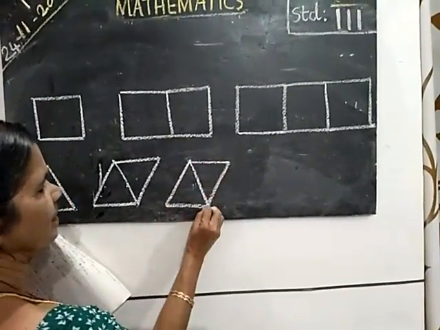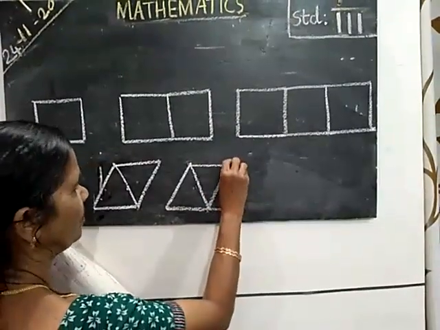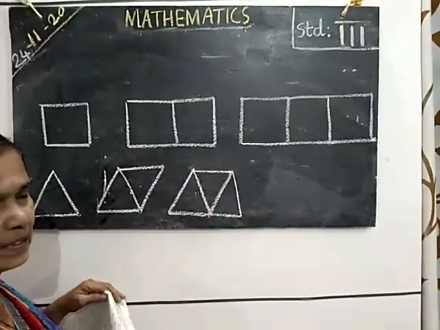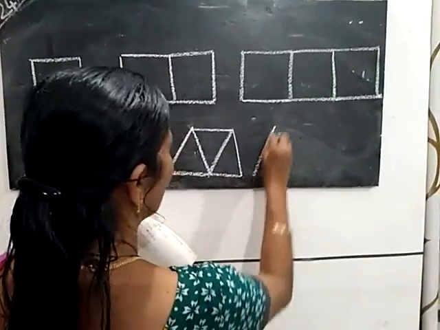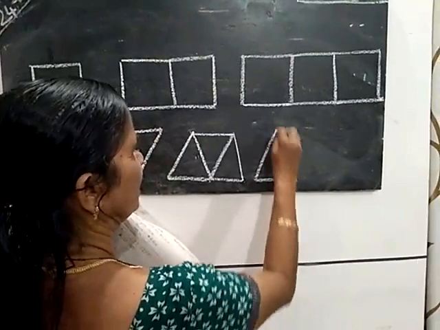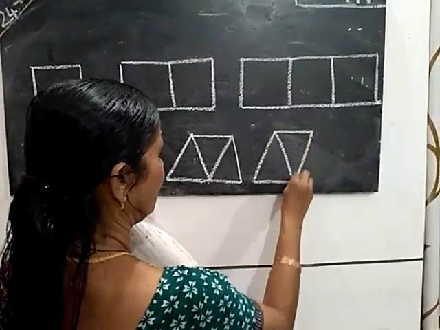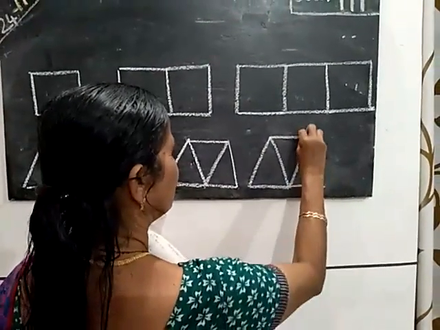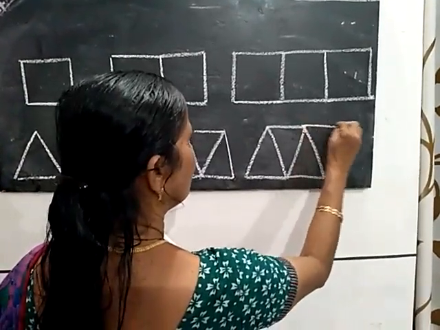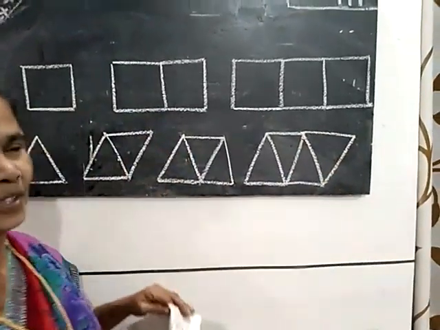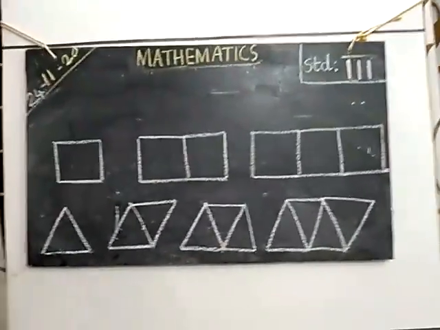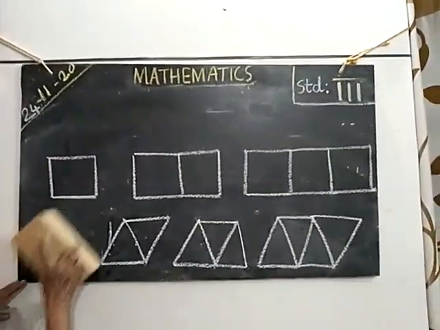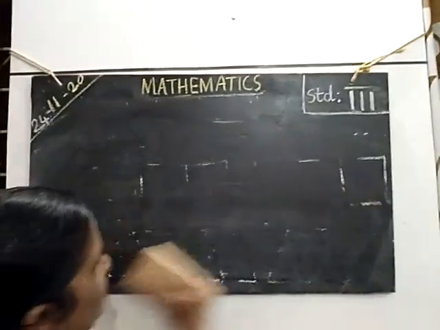Second triangle, then from here you can draw another triangle also. Third triangle. Draw one triangle first, then the second triangle, from here the third triangle, from here the fourth triangle. See, like that you can draw triangles connecting each other.